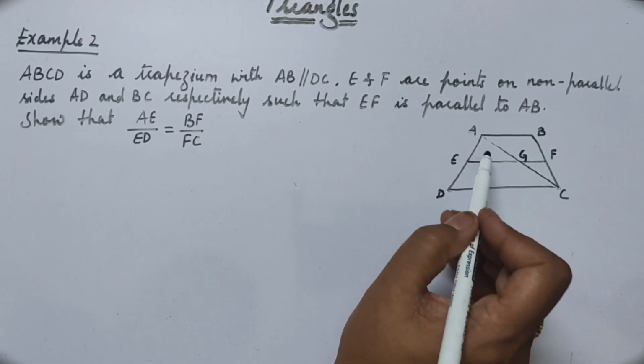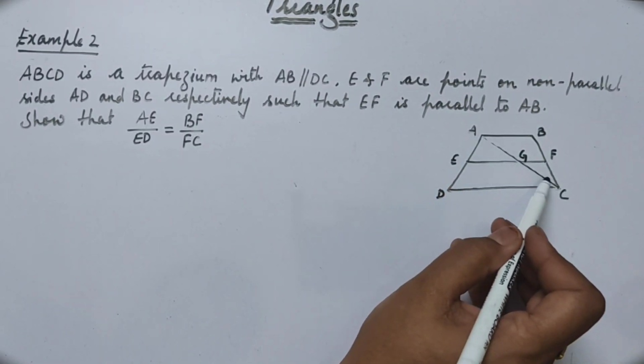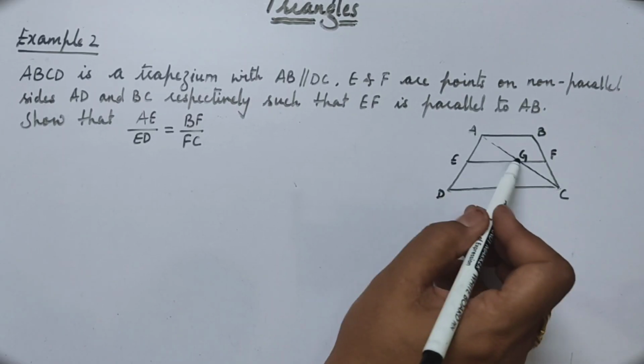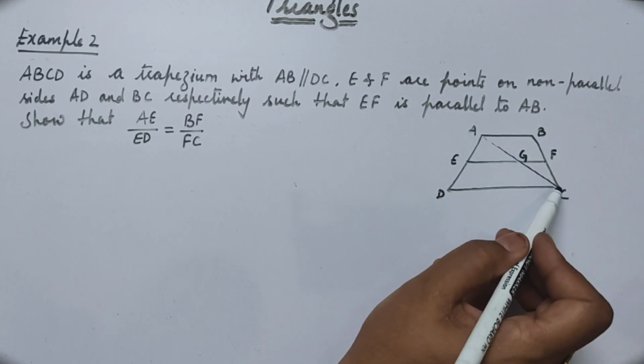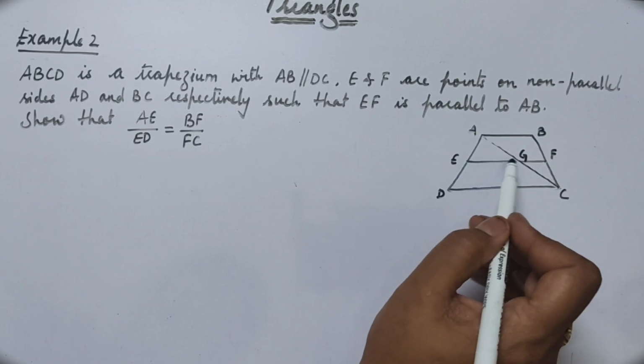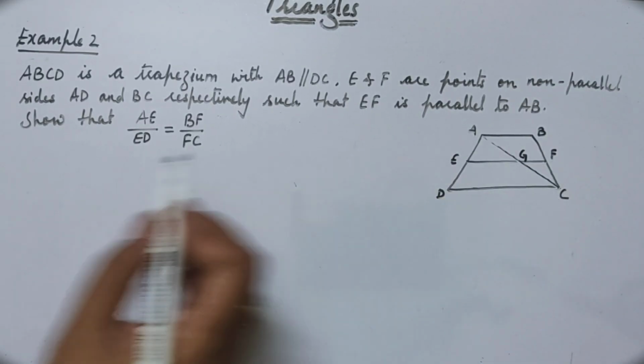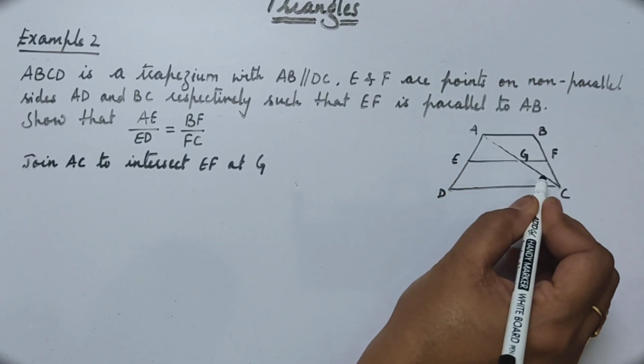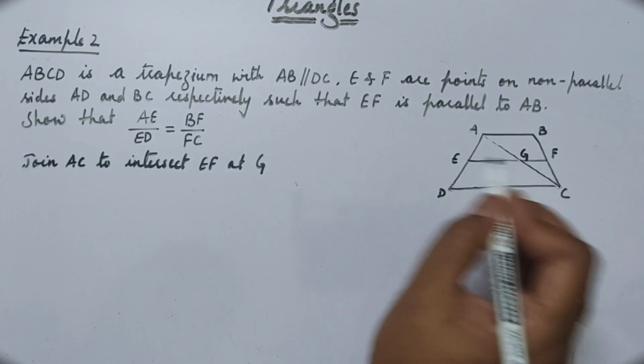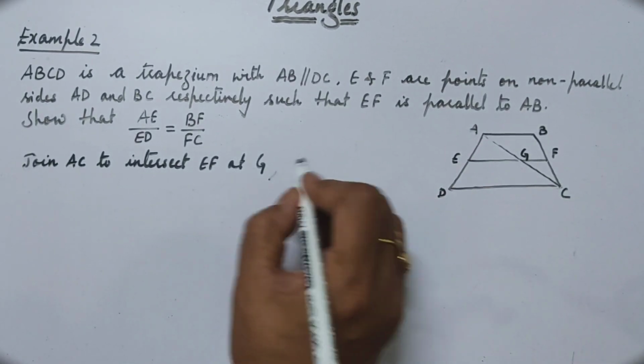Now we need to do some construction. What construction am I going to do? Let us join AC to intersect EF at G. Now what can you observe here, students?